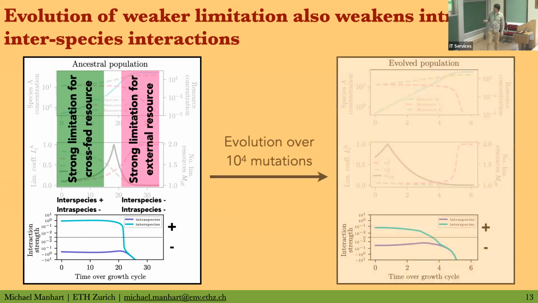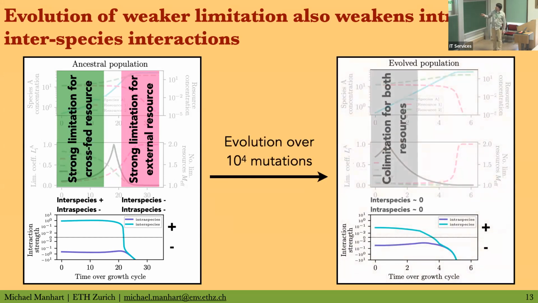So how does this change over evolution? At the beginning, we see something similar in sign, but now the magnitudes have really changed. At the beginning here, you have co-limitation for both resources. So there's still a positive interspecies and negative intraspecies interaction. I know it's probably hard to read from where you are, but these are log scales, so these are like 10-fold decreases in the magnitude of these interactions.